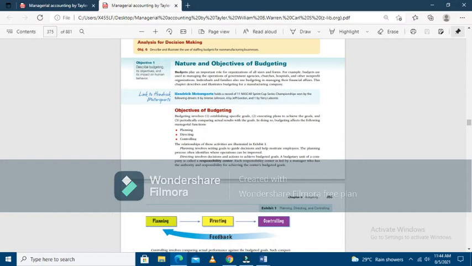Okay? So by doing that, we look at budgeting affecting the following managerial functions. So in your management subject, you are taught these functions, yung planning, directing, and controlling. So what does this involve? Planning involves setting goals to guide decisions.